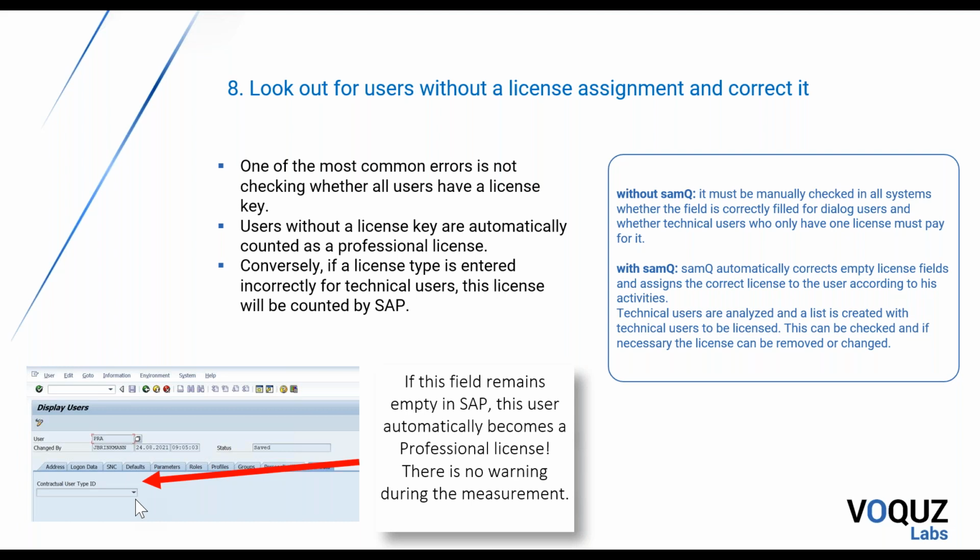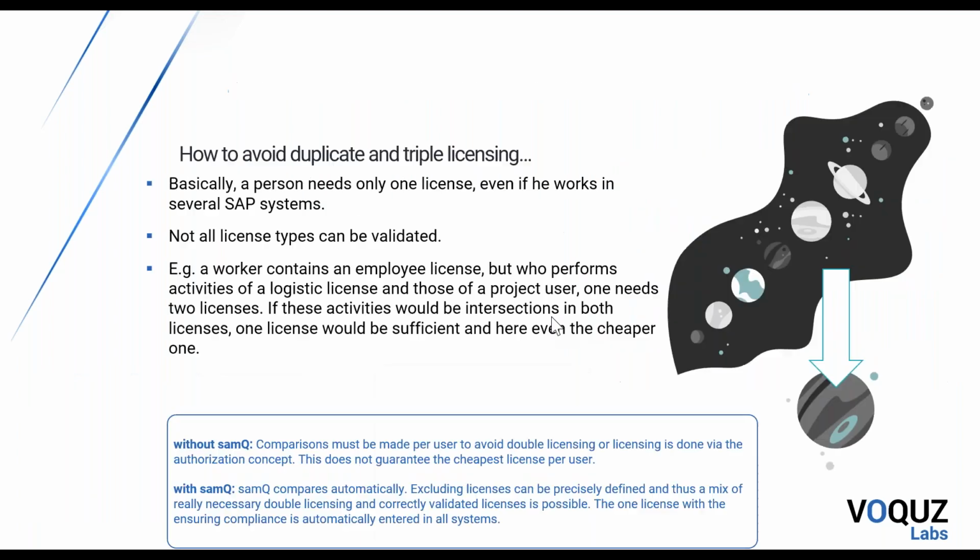Very important: look for users who don't have a license key. This is something you can do automatically with the tool or manually. Not that difficult to do manually either. So our recommendation: assign users the same license type in all systems.